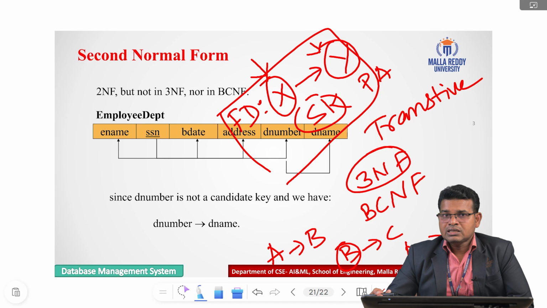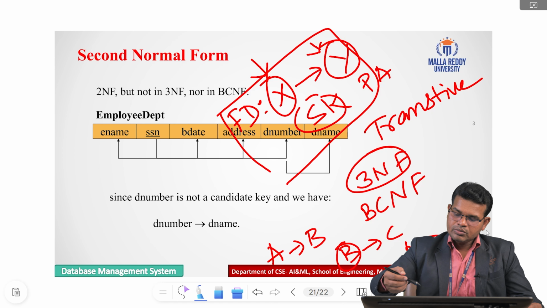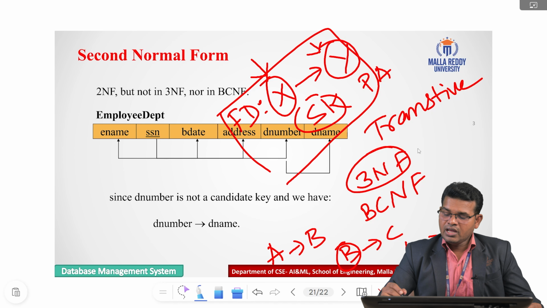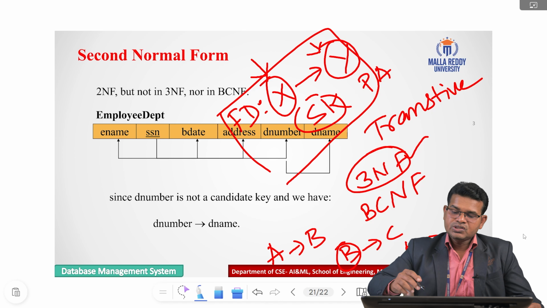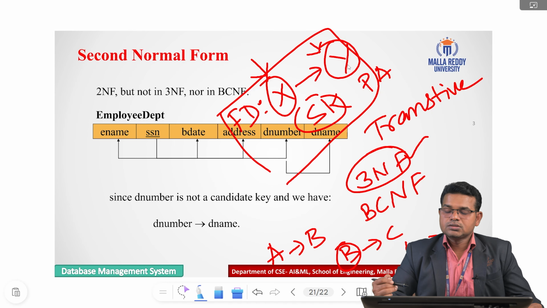So that kind of transitive dependency needs to be eliminated from the table so that it will be converted into 3NF. That can be achieved by this rule, that is, LHS should be a super key or RHS is a prime attribute. That is third normal form.